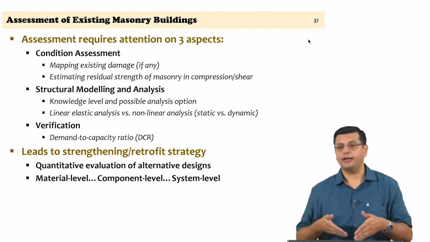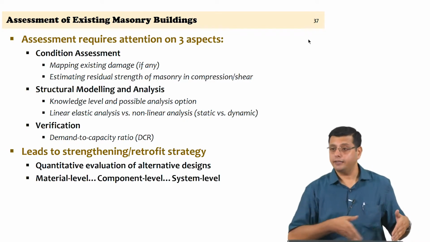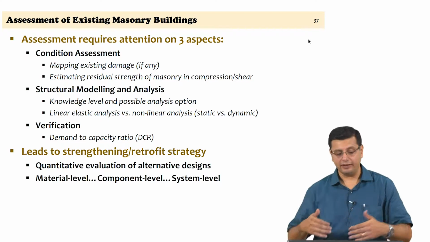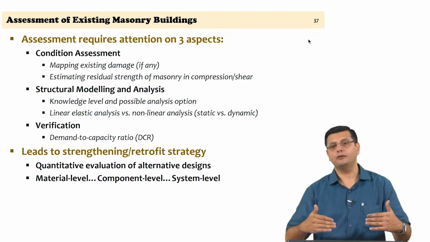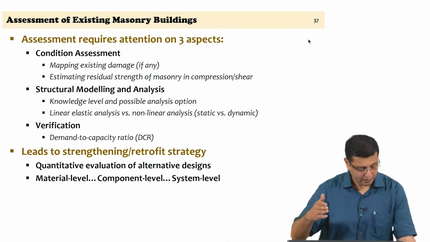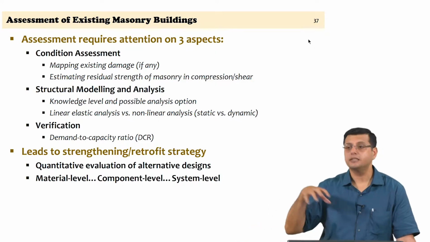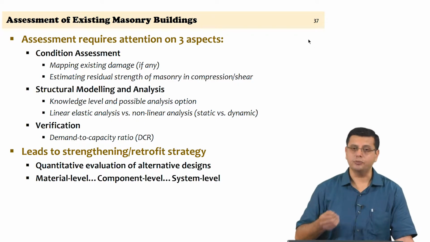So, you would have to look at your strengthening strategy or the retrofit strategy at 3 different levels, at the material level, at the component level and at the system level. And therefore, assessment is the quantitative pathway that leads you to this goal of achieving risk reduction by intervening on a structure which is identified to be vulnerable.